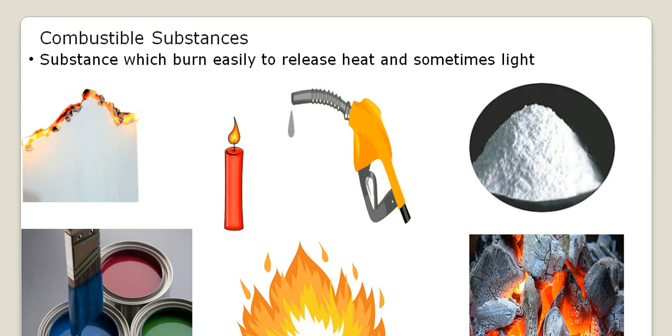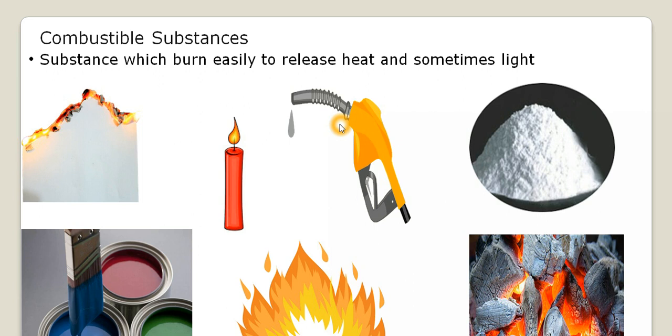They undergo combustion. For instance, if you take the example of paper, it can burn very easily and releases heat. You can take the example of petrol, diesel. They very easily catch fire. That is why in petrol pumps people are not allowed to smoke, because the chances are very high that if somebody leaves a burning cigar or matchstick there, petrol will catch fire.